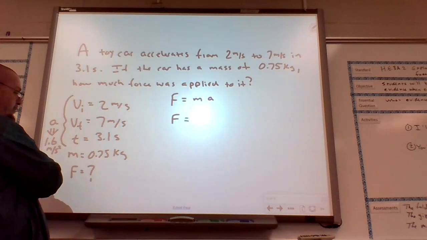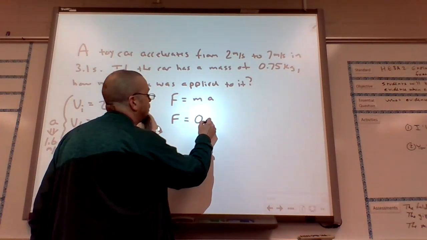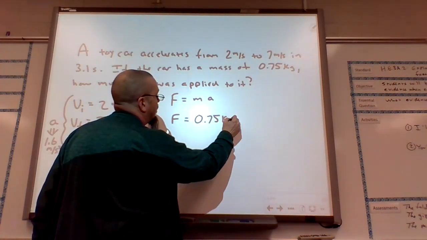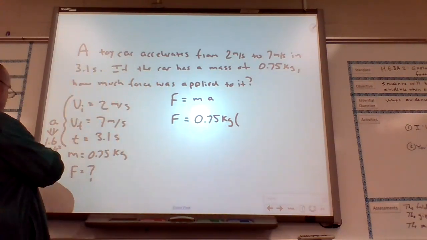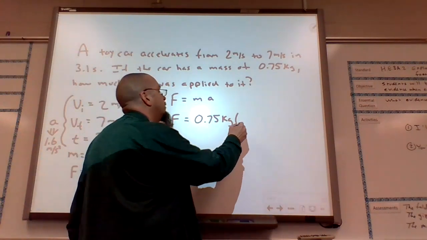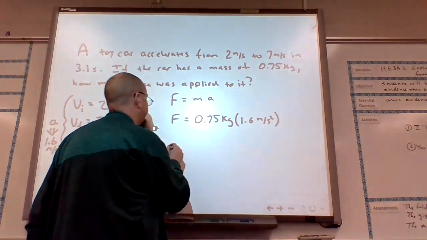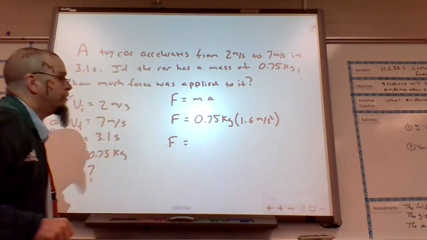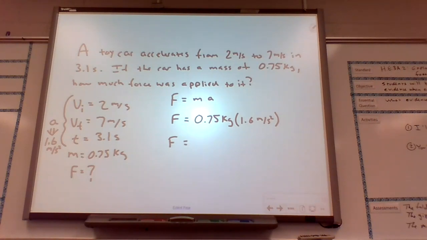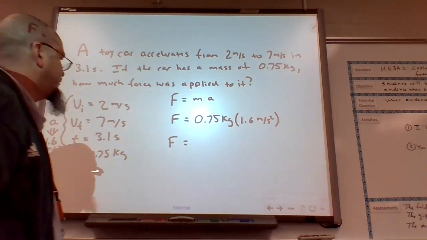So force equals mass times acceleration. The mass of my object is 0.75 kilograms. The acceleration of my object is 1.6 meters per second squared. 0.75 times 1.6 is 1.2.